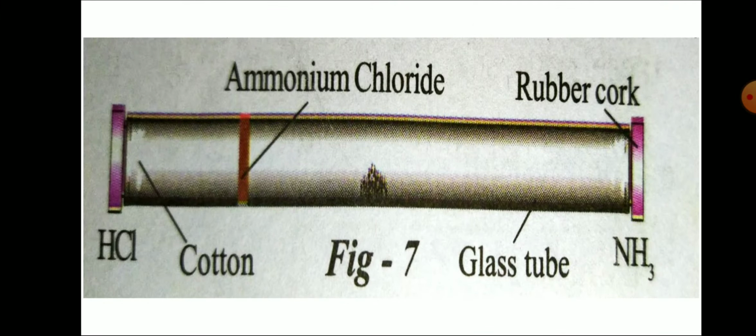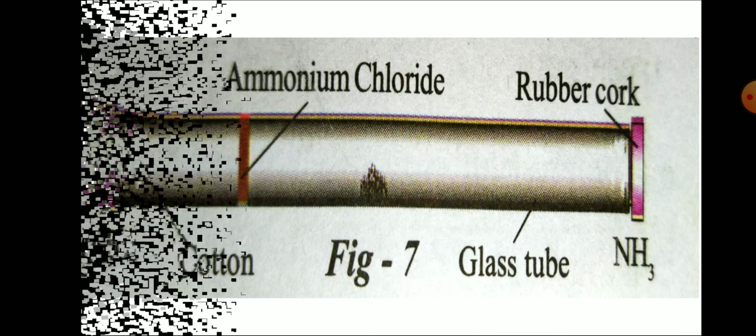So our first experiment is diffusion of two gases. Here in this experiment, the things required are a 1 meter long narrow tube, like this, with rubber corks, one at each end, and two chemicals.